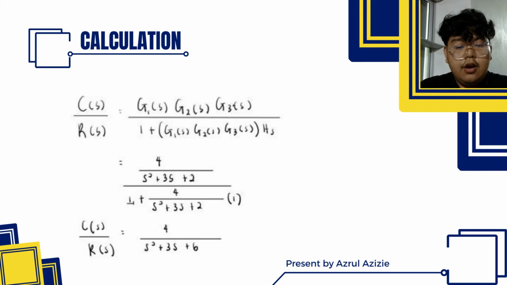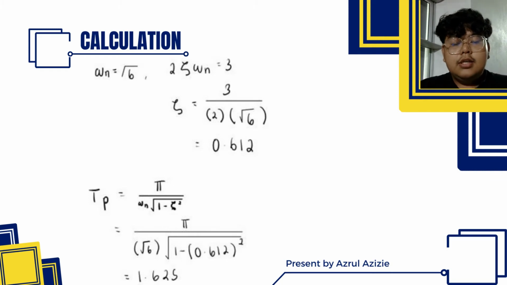Finally, we get 4 over s squared plus 3s plus 6. To get the value of peak time, we substitute the values that we obtained from the equation. Then finally we get 1.62 seconds.